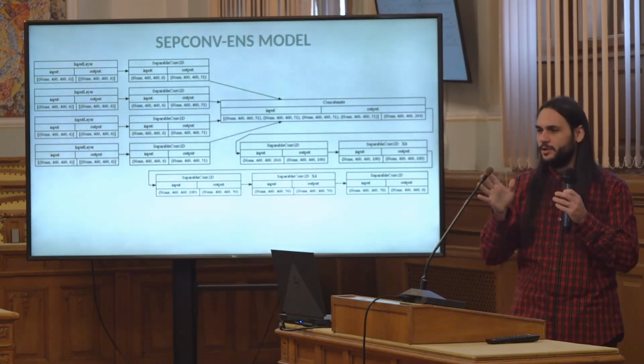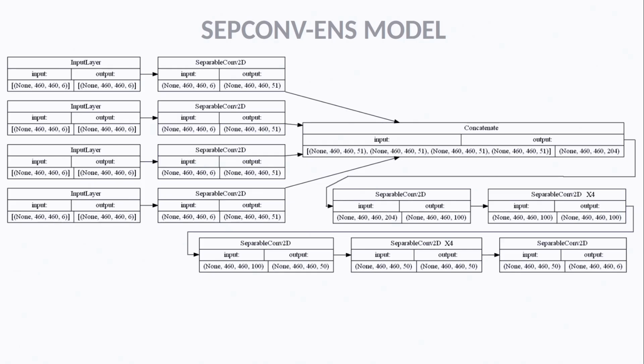So this is another model. I guess you can see really well what the model is about. This is a model that we tried to create ourselves, just some convolutional layers, one after the other. The innovation here was that we didn't try to make the image smaller.